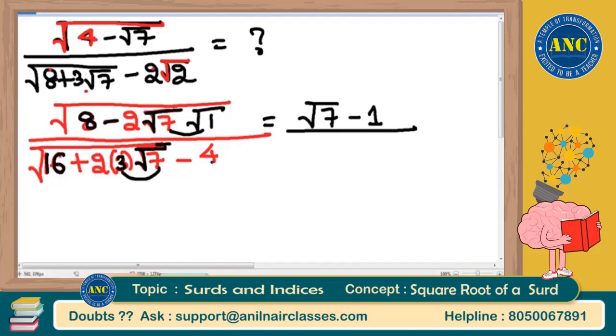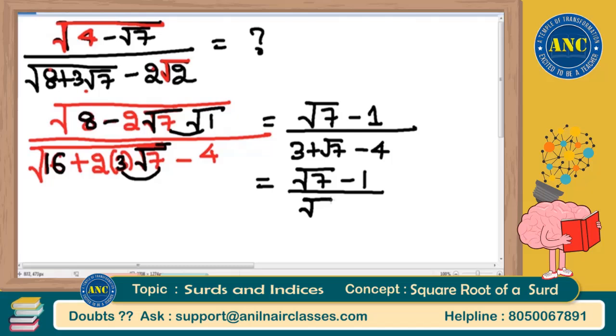So directly this can be written as 3 plus root 7 minus 4. I will write it as it is. What are the terms which are left out for simplification? Root 7 minus 1 in the numerator and root 7 minus 1 again in the denominator, which will cancel out to give me a beautiful number called 1. Idea clear, right?